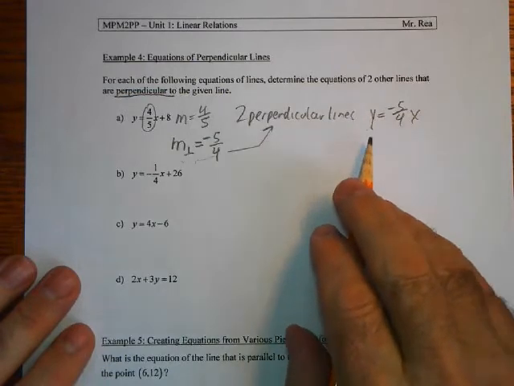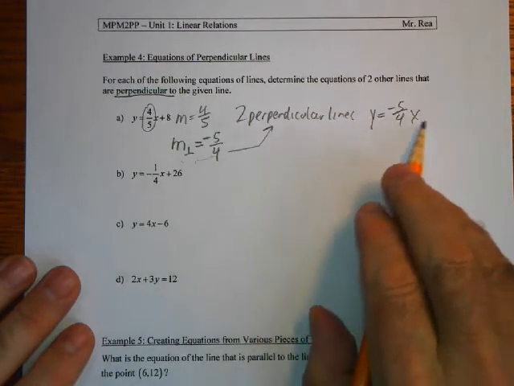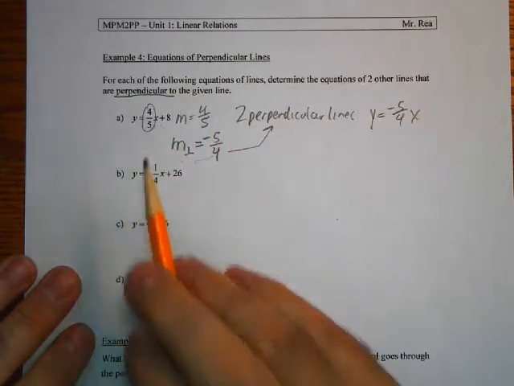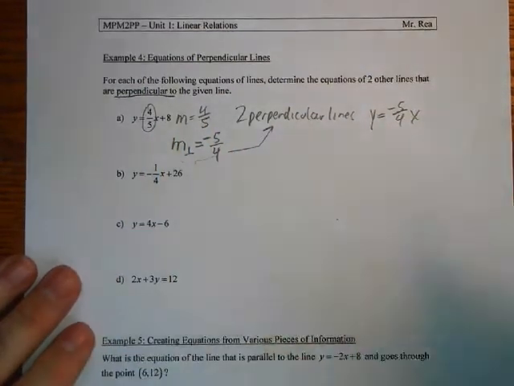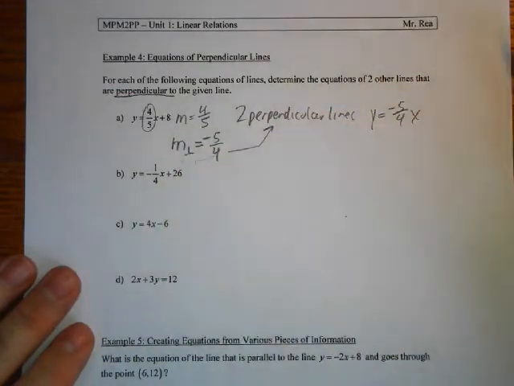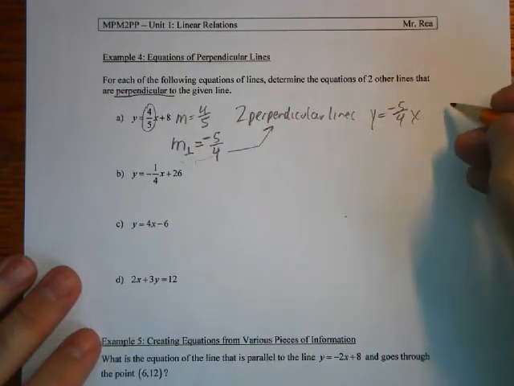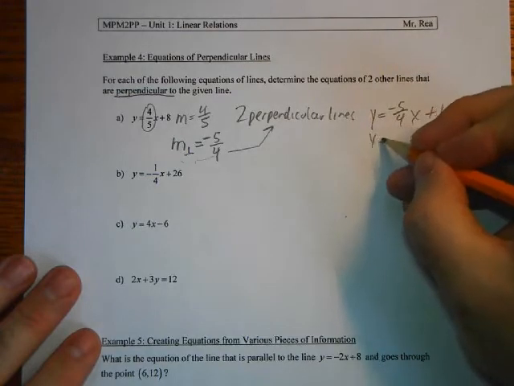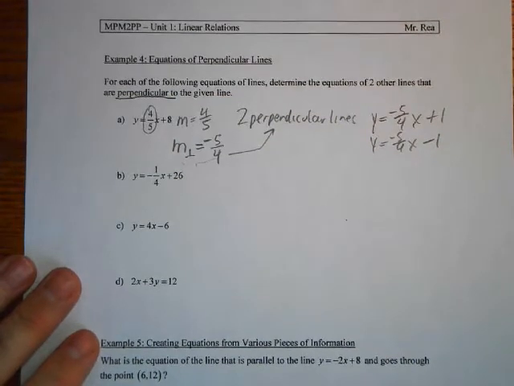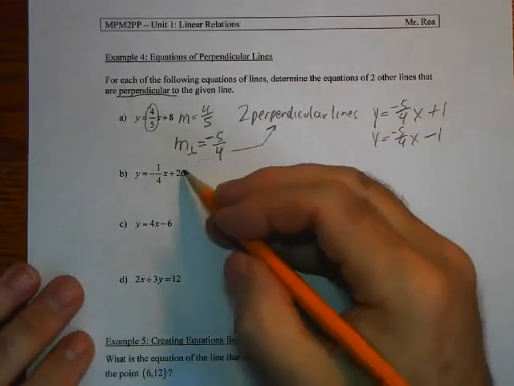And this time I can actually use any number because I'm not restricted by the original equation. I can even use 8 if I want, because these are obviously going to be different lines. Okay, so let's say plus 1 and -5/4 x minus 1. Keep it simple. Okay, how about this one here?